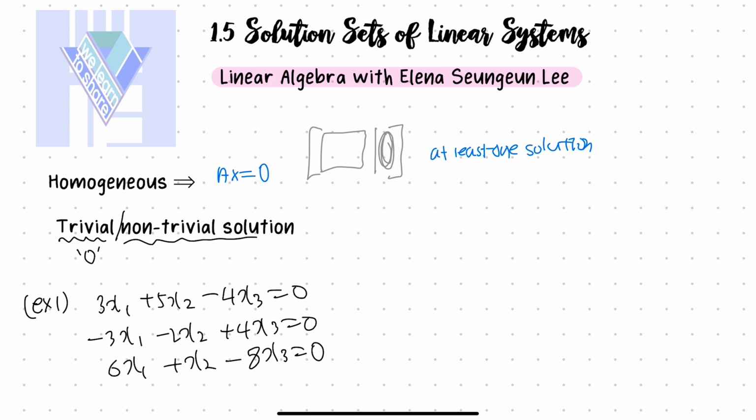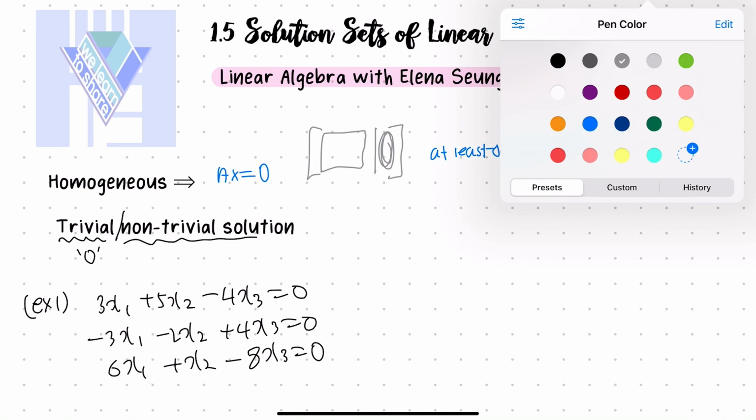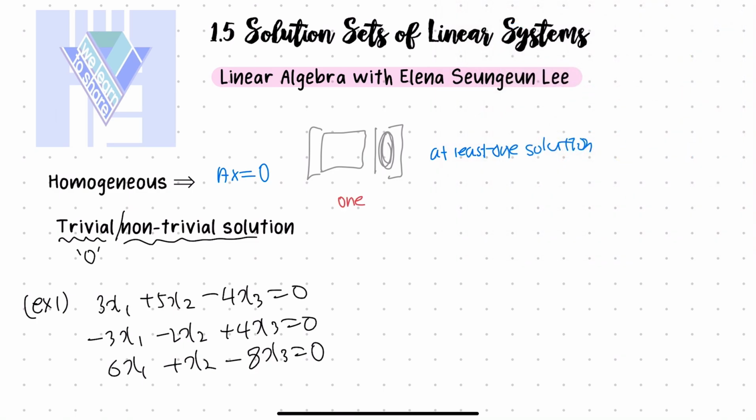So this is important. If it has at least one free variable, then Ax equals 0 has a non-trivial solution.